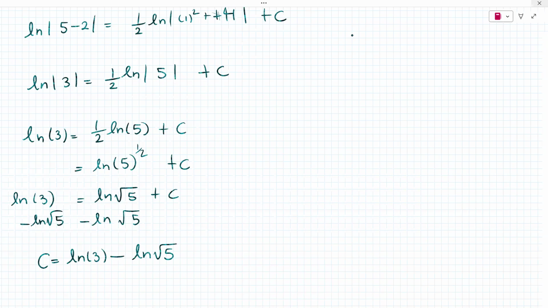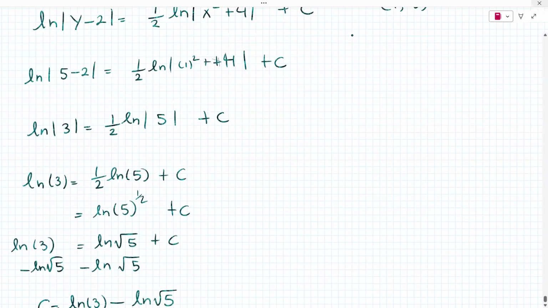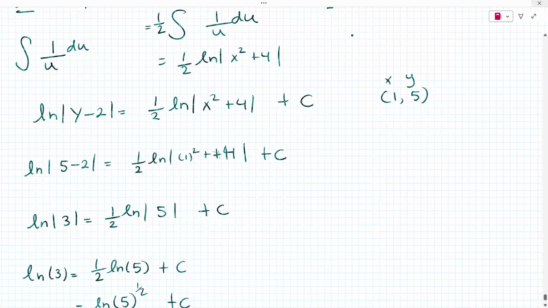Okay, and then now we got to solve for y, so go back to right here. Go back to here, and then plug in your c.